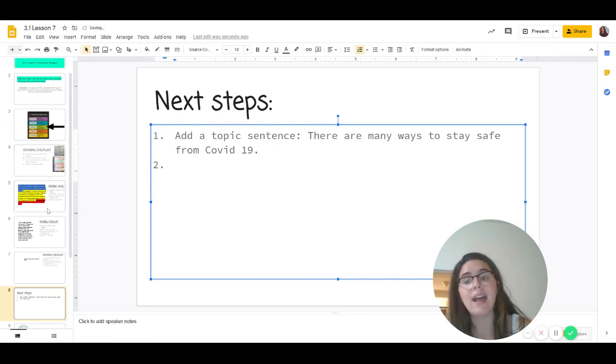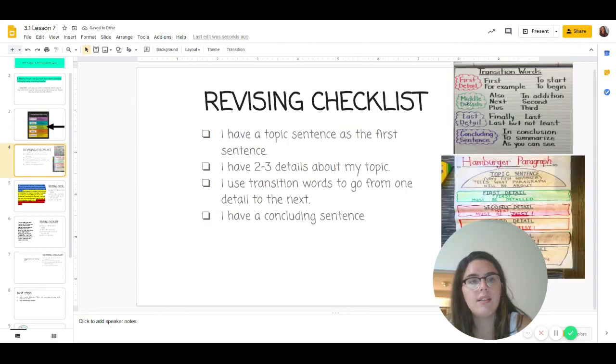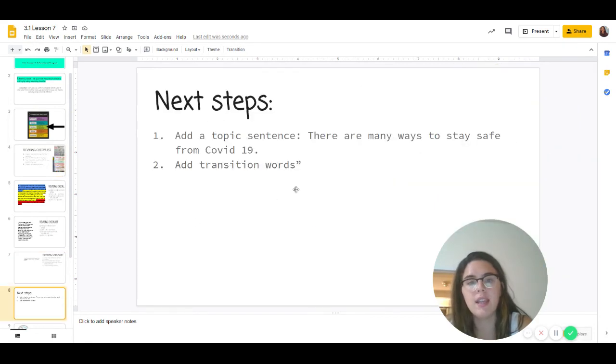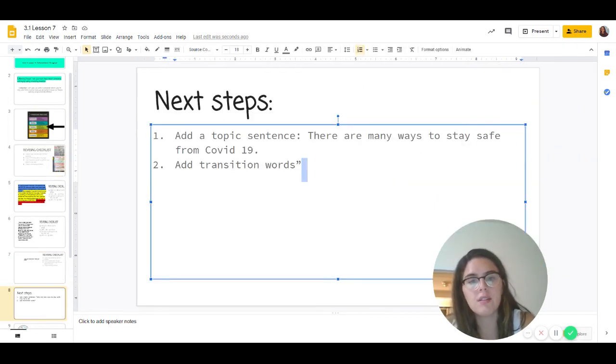Number two, add transition words. You can look at our chart here. It looks like this. First, to start, to begin, also. So an example this student can say is first.